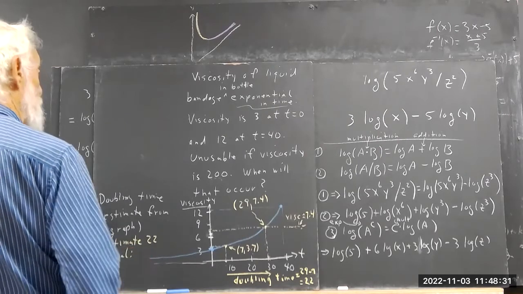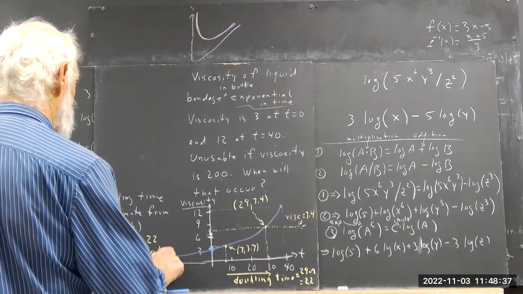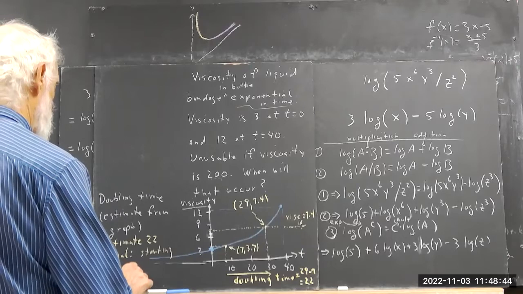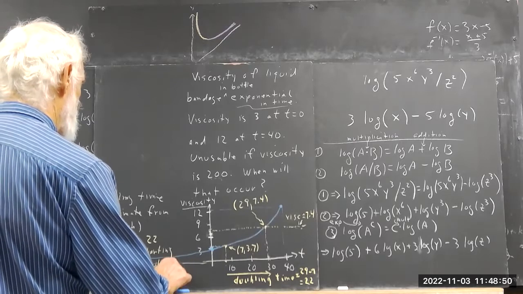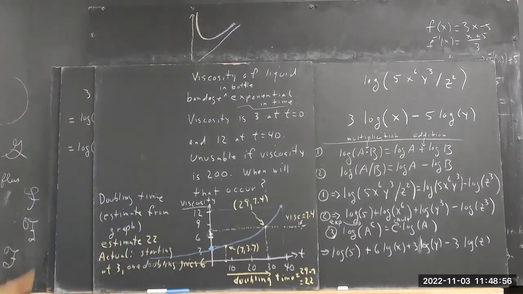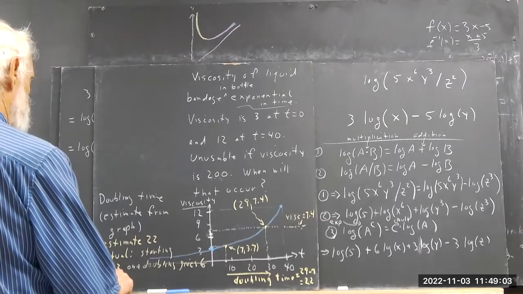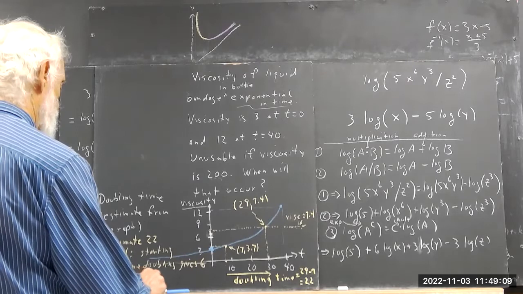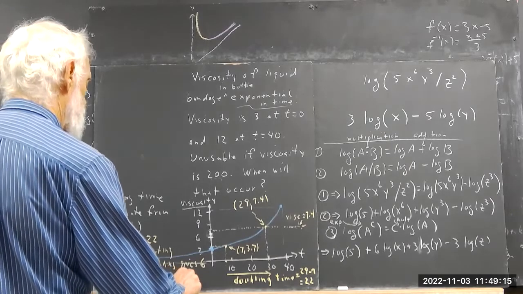The actual: one doubling gives us 6, one more doubling gives us 12.